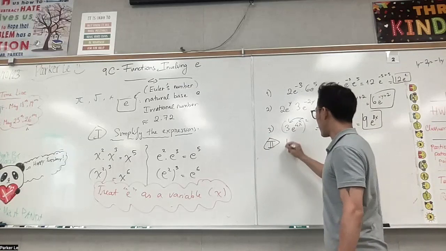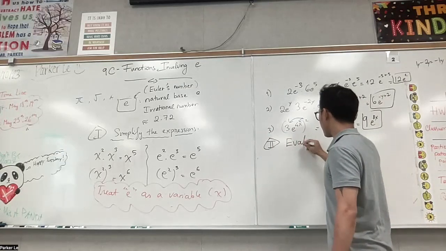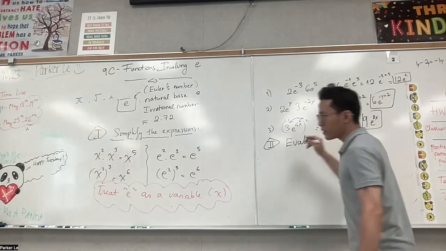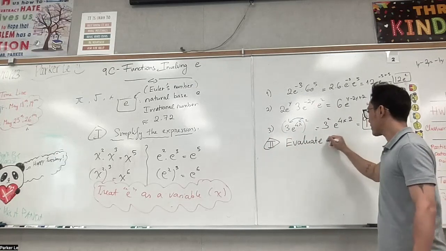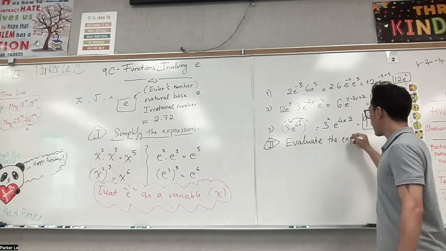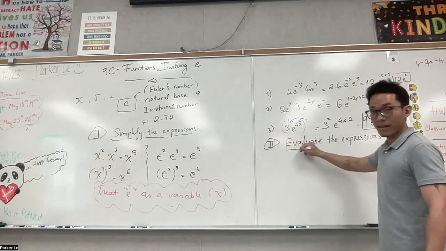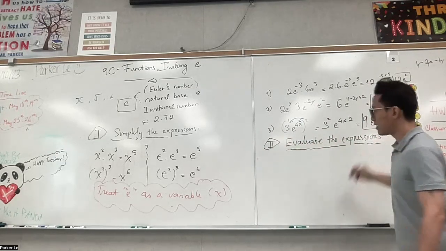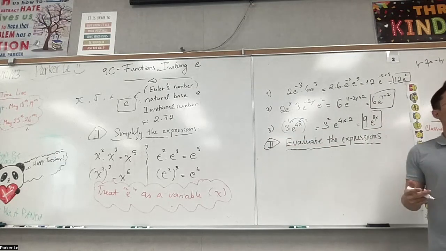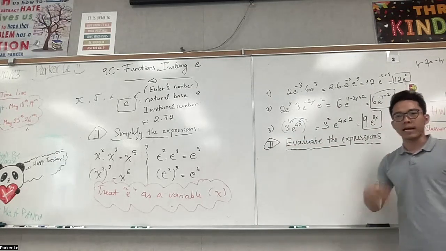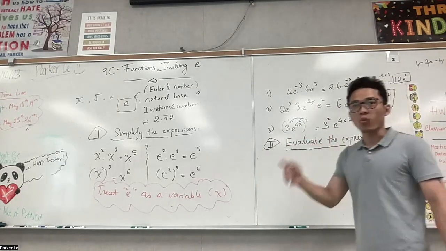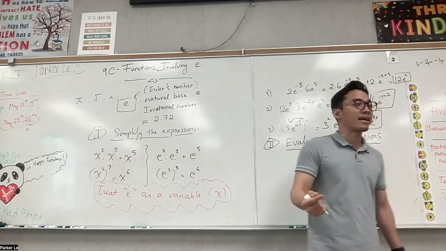Yes, very good. 1 point for Elizabeth. What is the difference between simplify and evaluate? Exactly, 1 point for Andrea. When you are asked to evaluate, that means you need to give the answer to the end. Like 3 squared, you need to give that it is equal to 9.